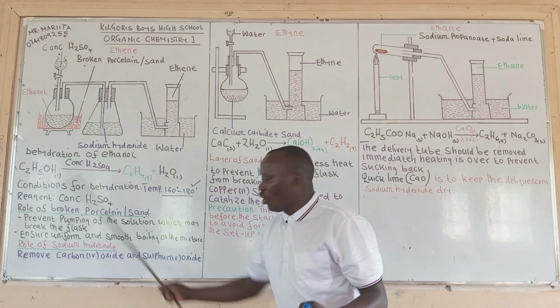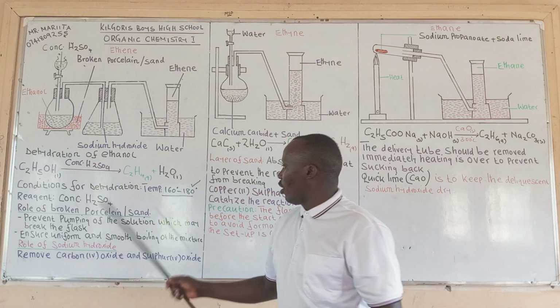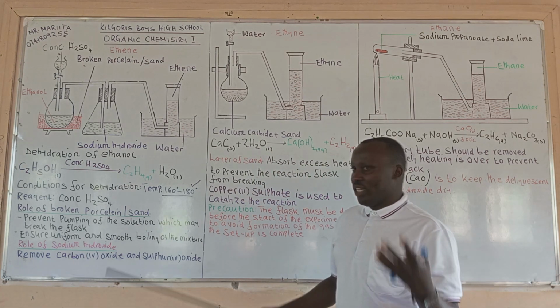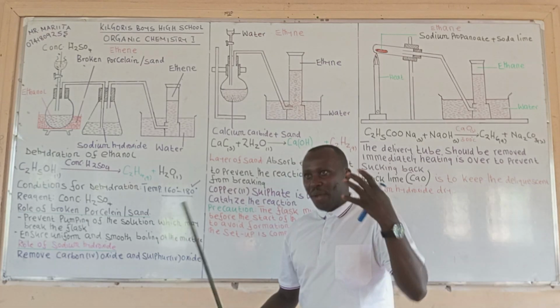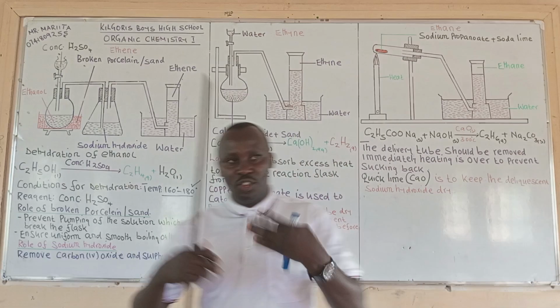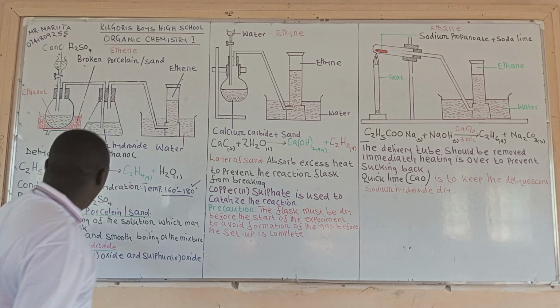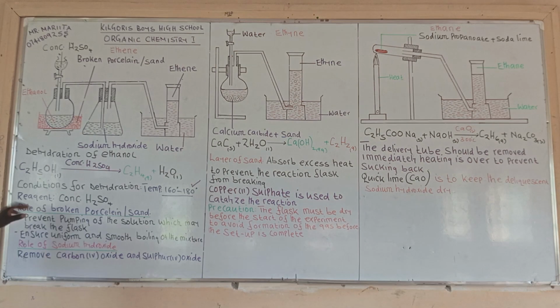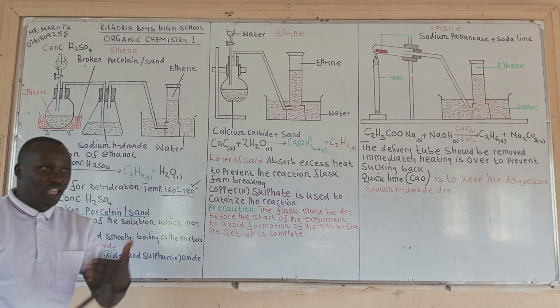What is the role of the broken porcelain or the sand? The role of this one is that it prevents the bumping of the solution, which may break the flask.